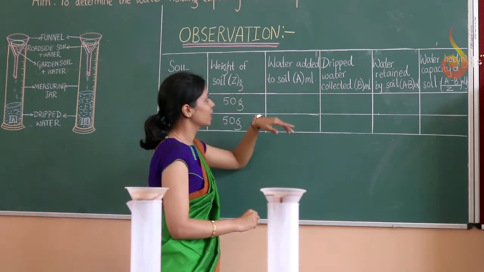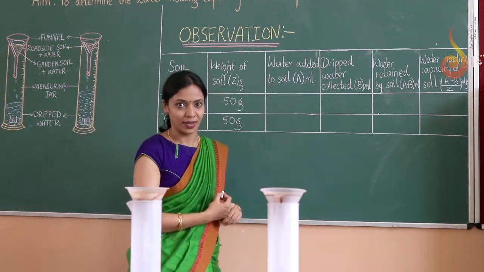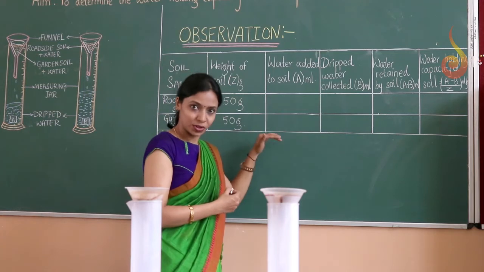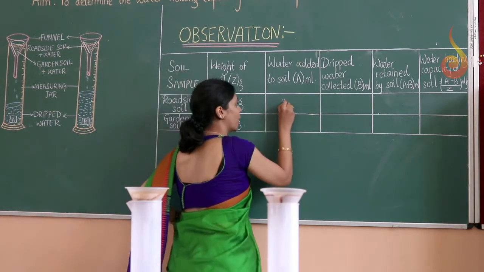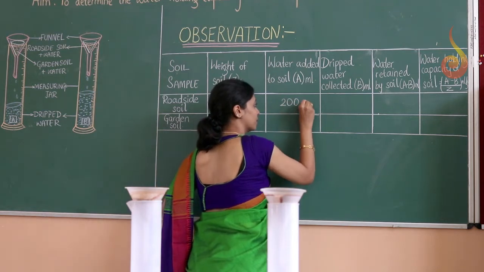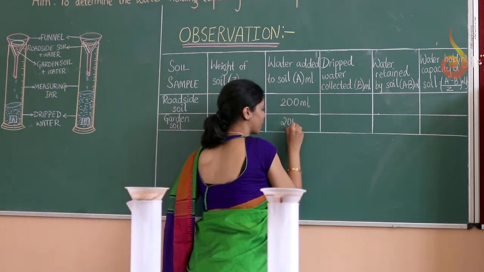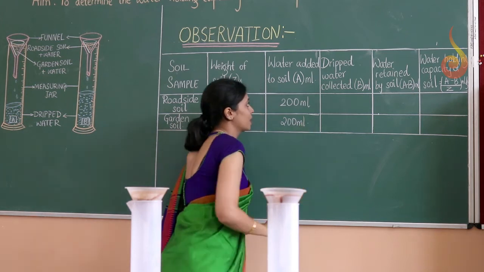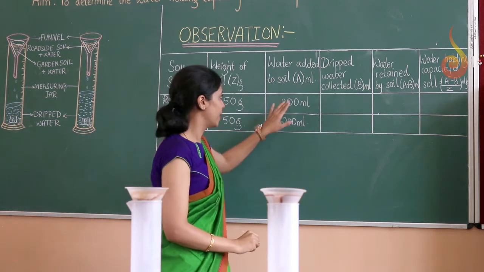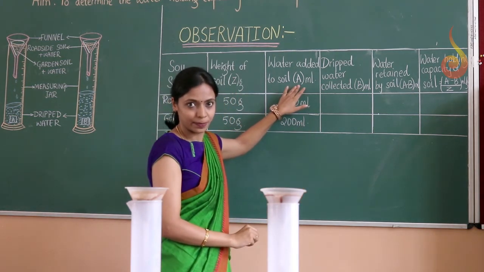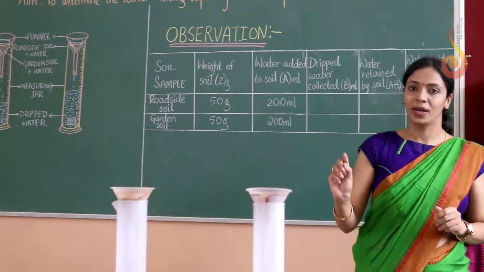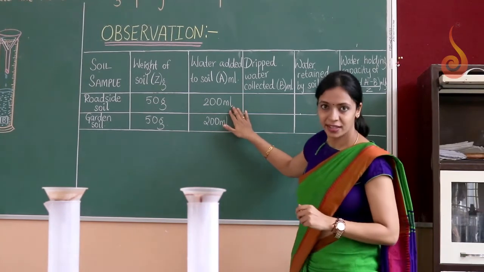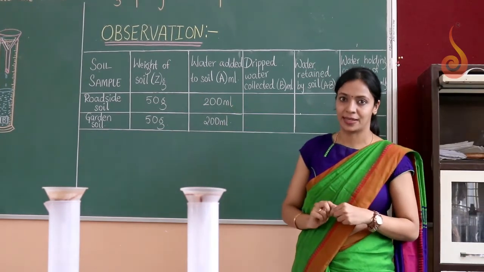In the next column, we have water added to the soil. Again, into both the samples, I had added equal volume of water, which is 200 ml. Now this is represented by capital letter A. In the next column, we have to write how much of the water that I had added has dripped into the measuring cylinder.